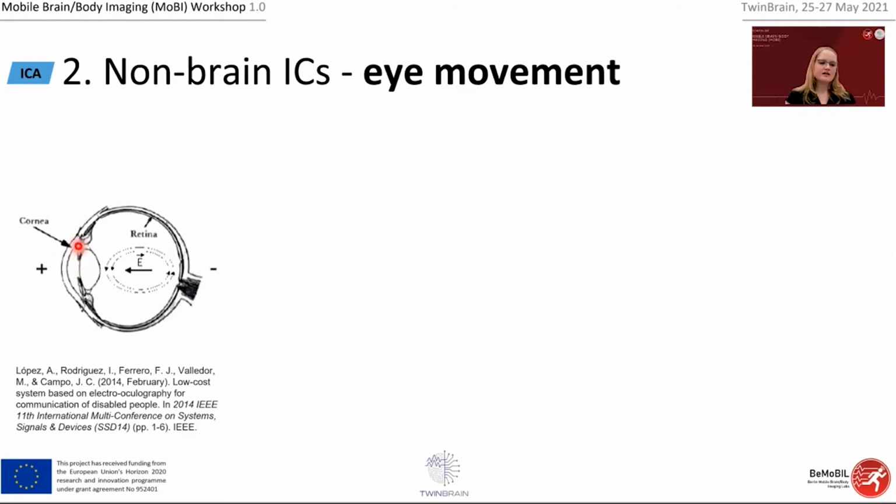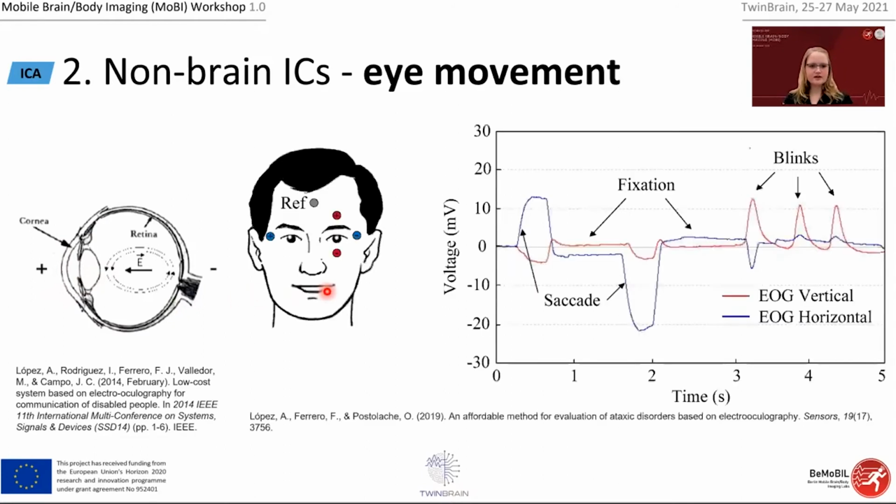And if the eyelid closes, the positive pole vanishes, and this way we also have a strong potential when the lid closes, and we can easily see blinks. And how this looks, I put another figure here.